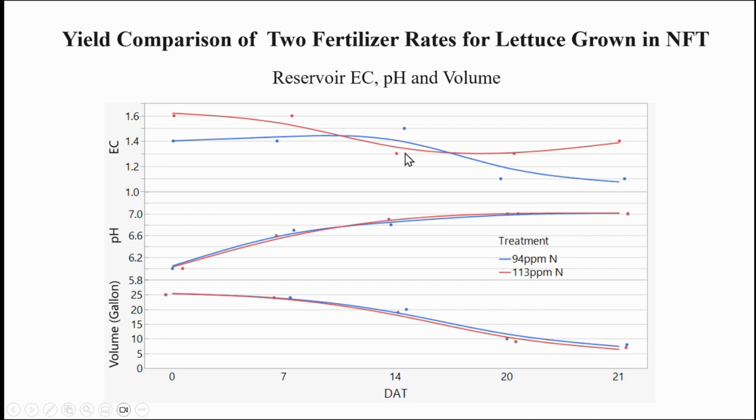However, at 14 days, the EC of the 94 ppm nitrogen is higher compared to the 113 ppm nitrogen. It might be because in this stage, the plants grow faster in the 113 ppm nitrogen treatment, so they absorb more nutrients from the water, resulting in a lower EC in this treatment.